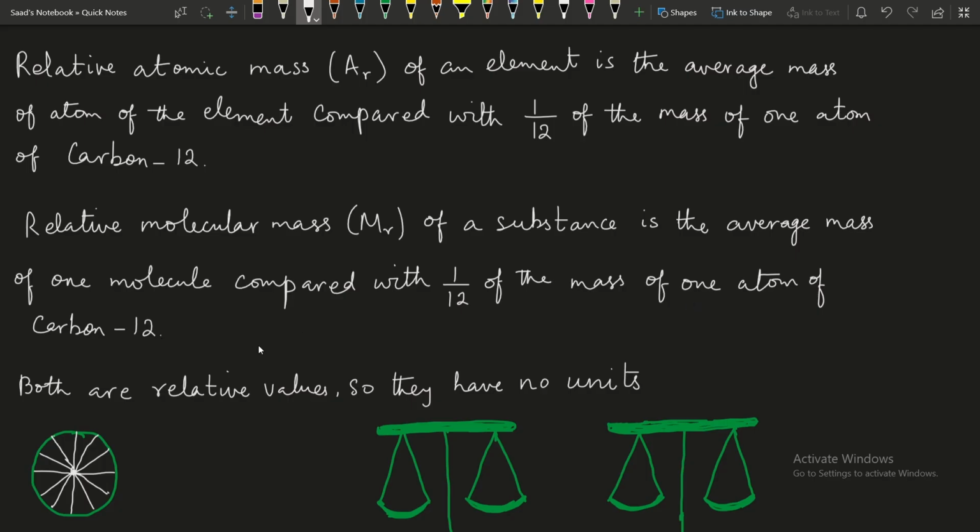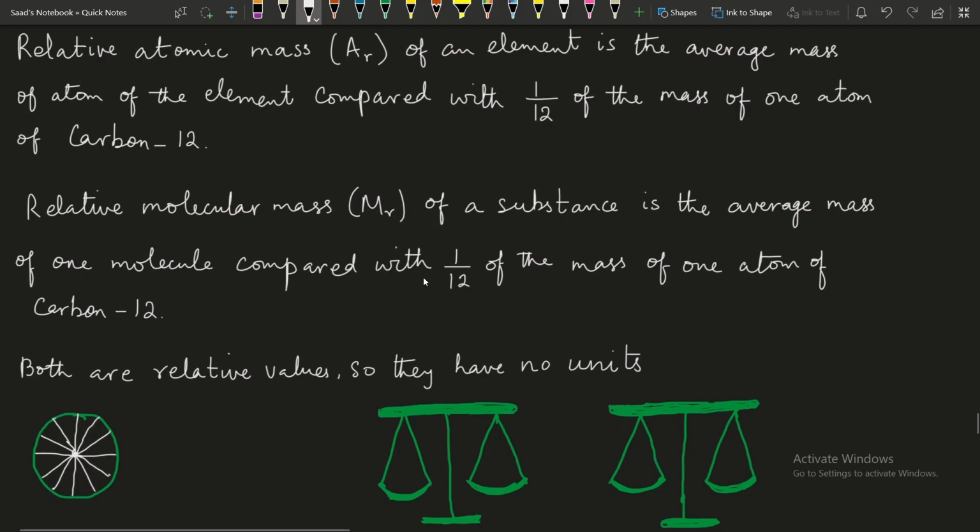Alright, now relative atomic mass. When we have to find out the atomic masses of atoms, since atoms are very small, it's not easy to weigh each and every atom and find its mass. So how is it done? We take the relative masses, meaning we compare it with some standard element.